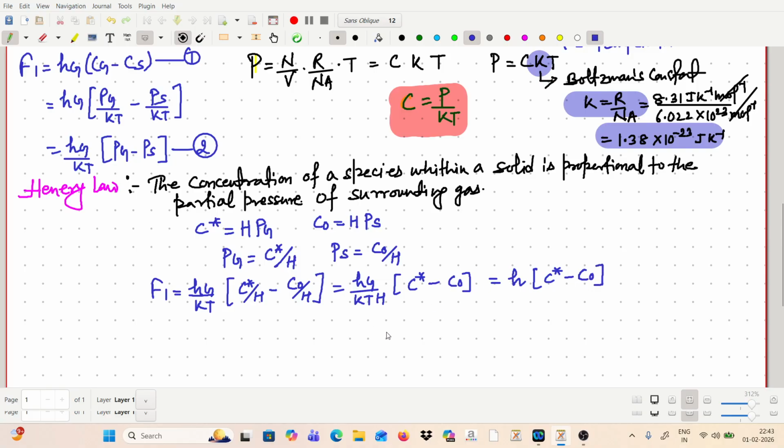So the generalized function for F1 is nothing but simply H times the equilibrium concentration of the oxidizing species minus the concentration of the oxidizing species at the oxide outer surface.